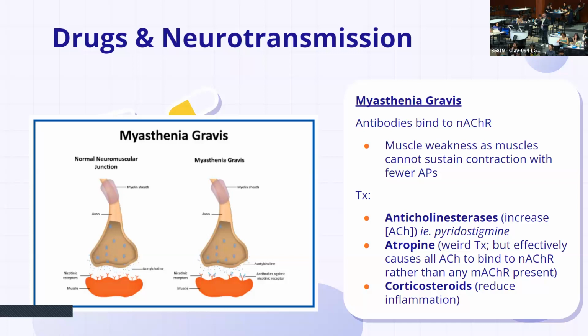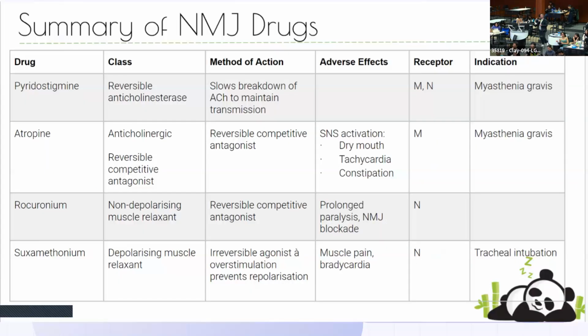And atropine is a bit of a weird treatment, but atropine blocks the muscarinic receptor. If it's going to block a muscarinic receptor, then it's more likely that the acetylcholine is going to bind to a nicotinic receptor and lead to a heightened response. But I think it's a bit strange.